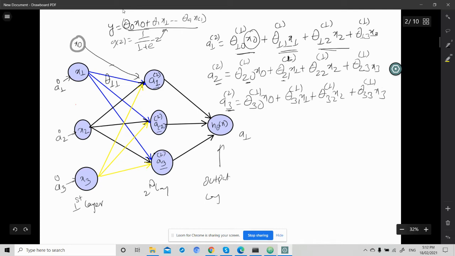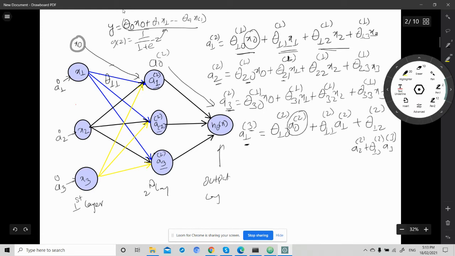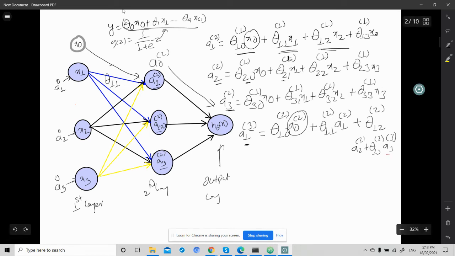So a1 of the third layer, third layer of first unit, will be theta 10 of the second layer, which is my bias term, a0 of second layer, plus theta 11 of the second layer times a1 of 2, plus theta 12 of the second layer times a2 of 2, plus theta 13 of the second layer times a3 of 2. Here these are calculated from the previous layer.